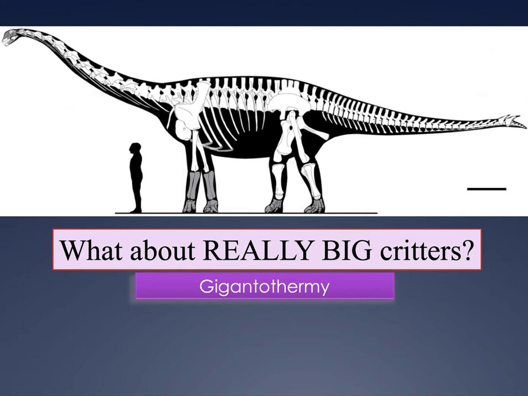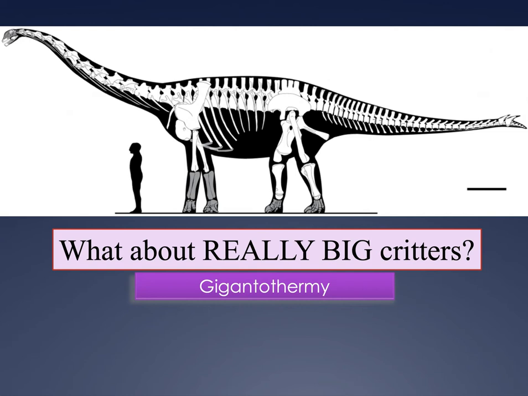And the answer is that when we think of the largest land animals like these sauropods, they're so big that they cannot cool down much during the evenings when the temperature cools. And they can't heat up too much in the afternoon when they've got sunshine.